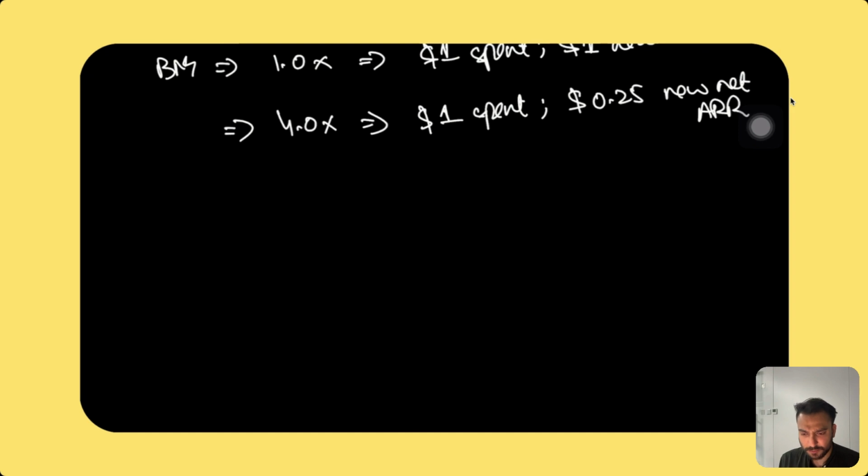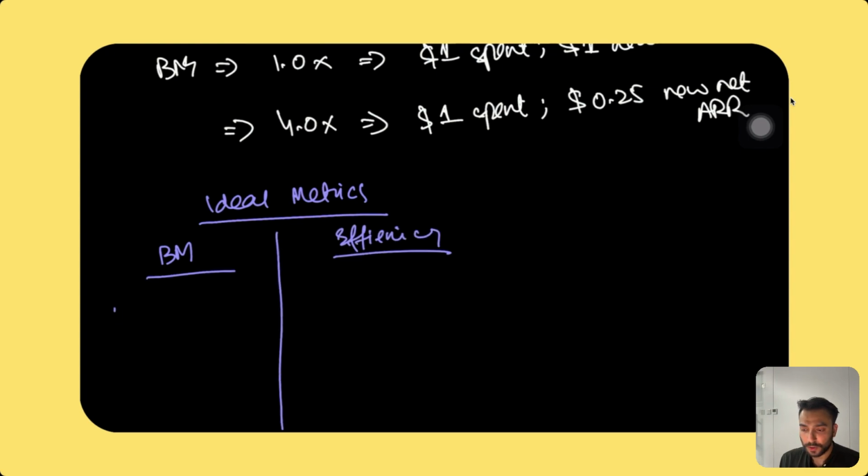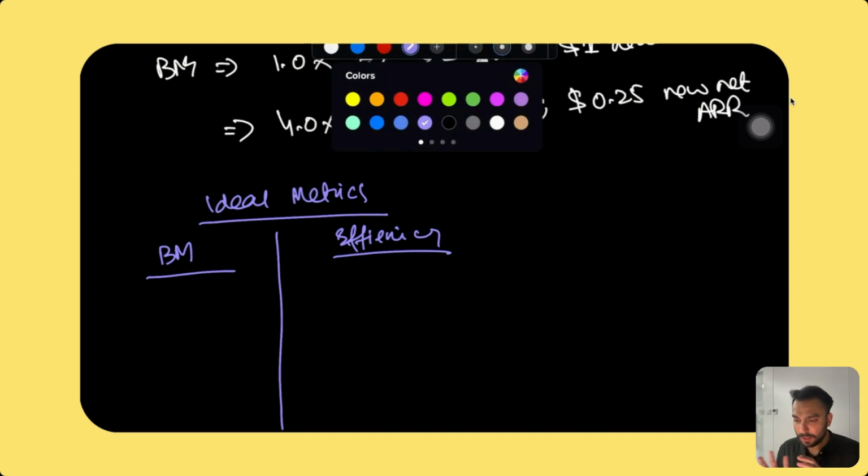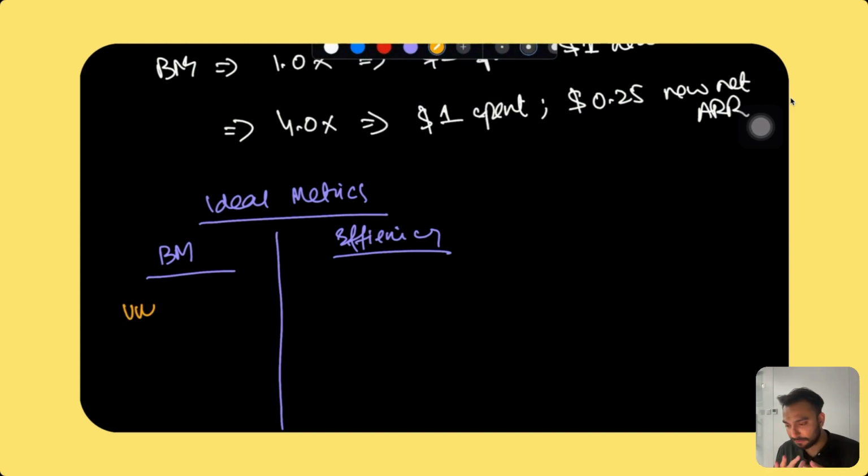So here's a small table that is going to show you the ideal metric range. For a burn multiple under 1, that is amazing. If it's between 1 and 1.5, it's great. If it's between 1.5 and 2, it's good. If it's between 2 and 3, it's meh. But if it's over 3, it's really bad.